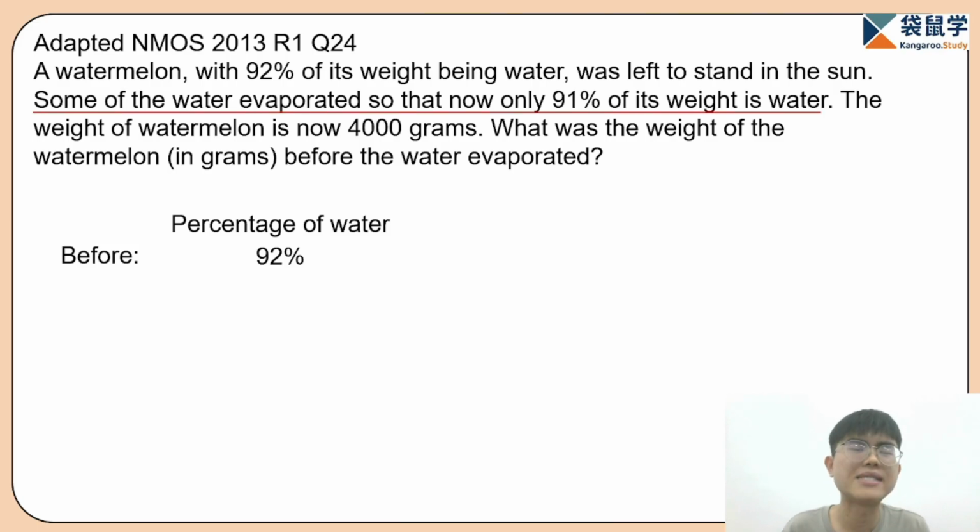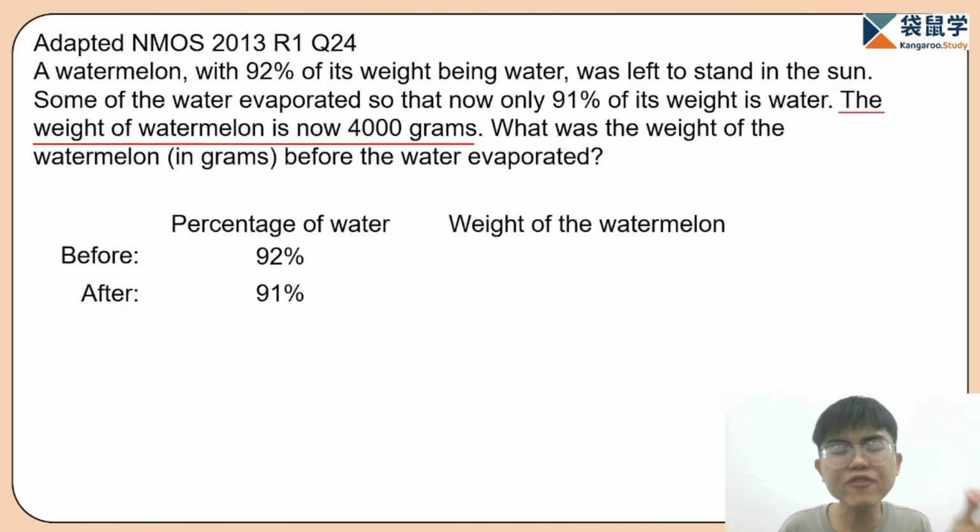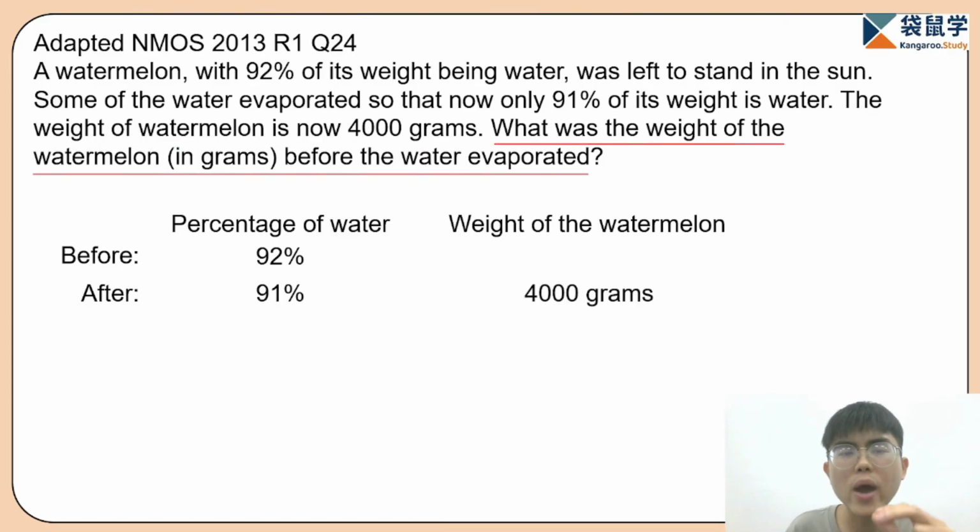The weight of the watermelon after the evaporation is 4,000 grams. What was the weight of the watermelon in grams before the water evaporated? So we are finding the weight of the watermelon before the evaporation.